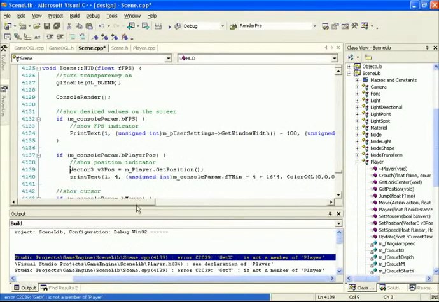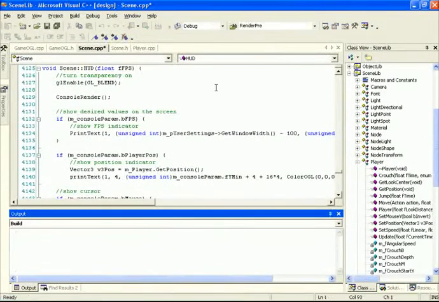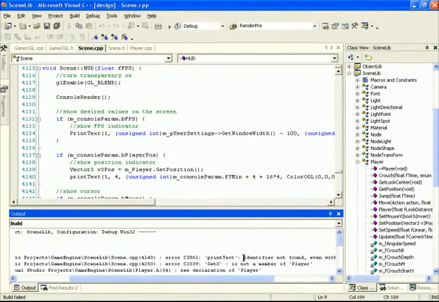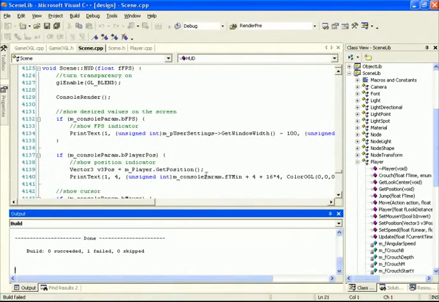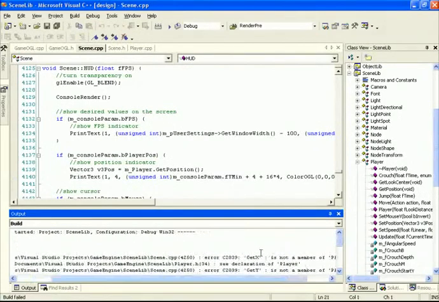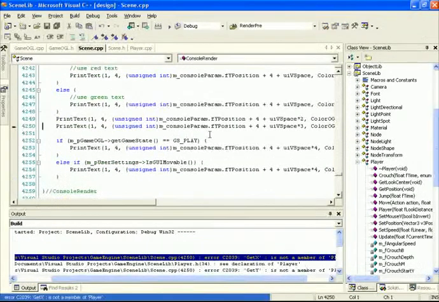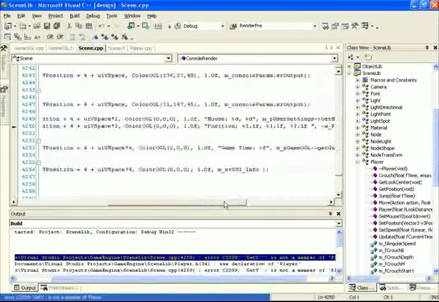Let's try recompiling this. What else we got? Oh, I think this should be a capital P, maybe? Yeah. Looks like a similar kind of thing down here. We're inside console render. We are rendering the player position.